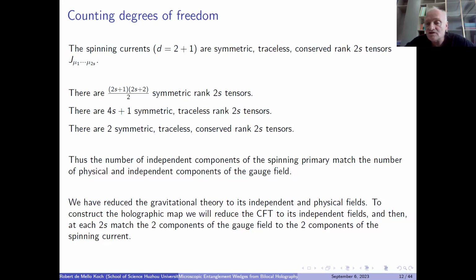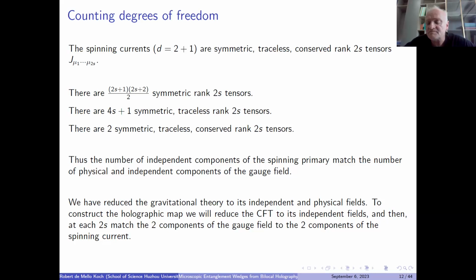However, you can use the conservation equation to eliminate one of the polarizations of your current. And if you do that, and you then perform a conformal transformation, the polarization that you've eliminated will be regenerated by the conformal transformation. So you have to perform a non-trivial reduction to the degrees of freedom that you want to keep after you've solved the conservation equation.